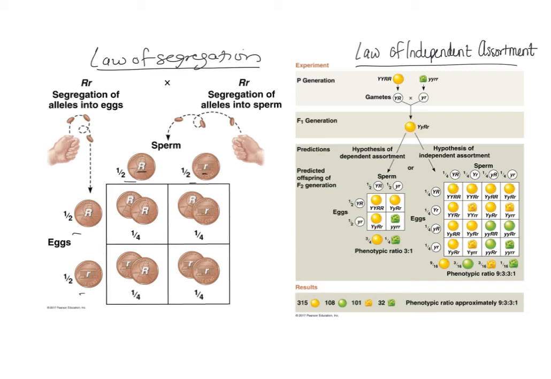It's always random which heritable factor will be inherited for any particular trait. It's not conditional on another trait. Okay. So we've got the law of segregation and the law of independent assortment, two foundational ideas that were based on Mendel's experiments.